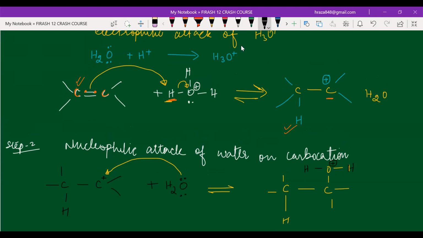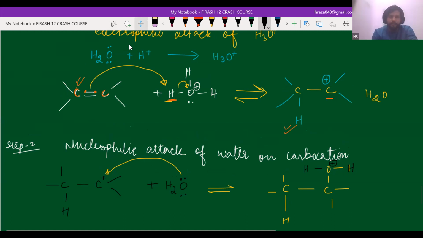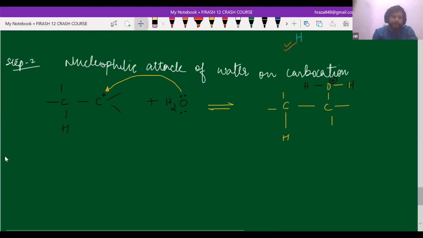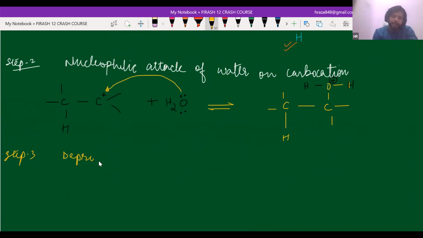Yes, sir. Now in the third step, deprotonation of alcohol will take place, to form an alcohol. As you can see, this is your C as it is.